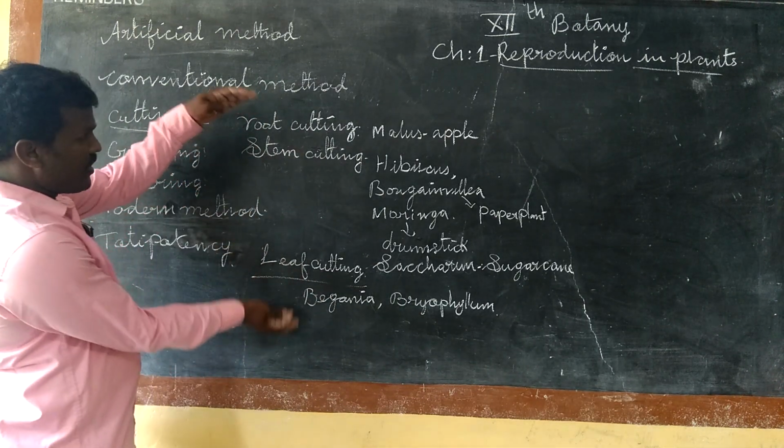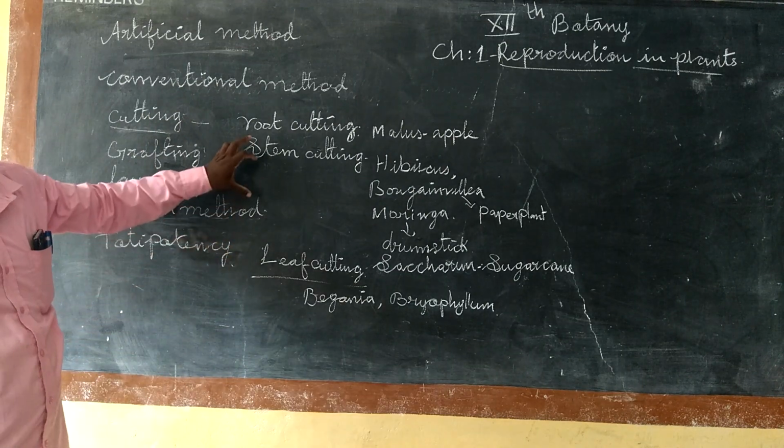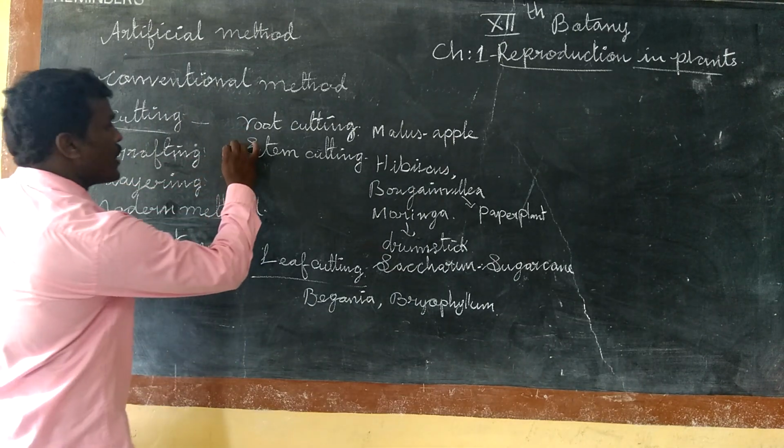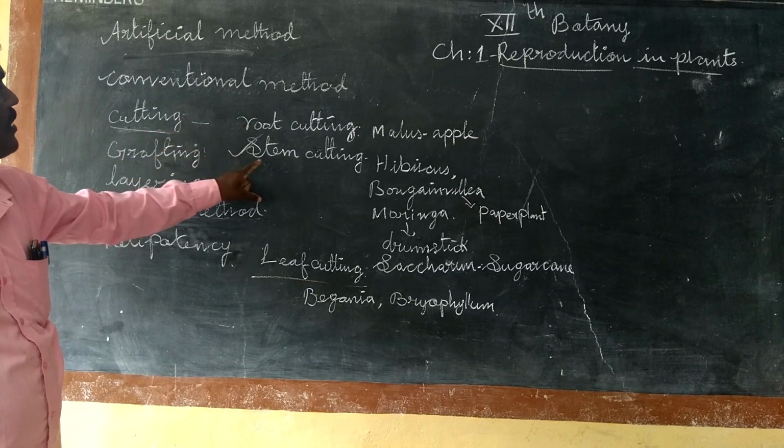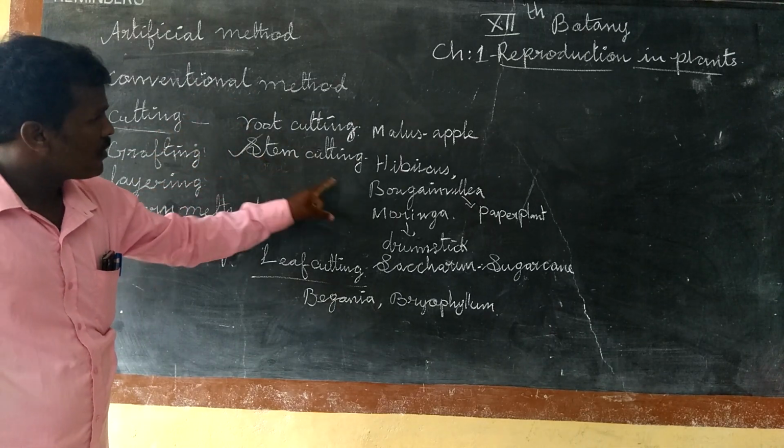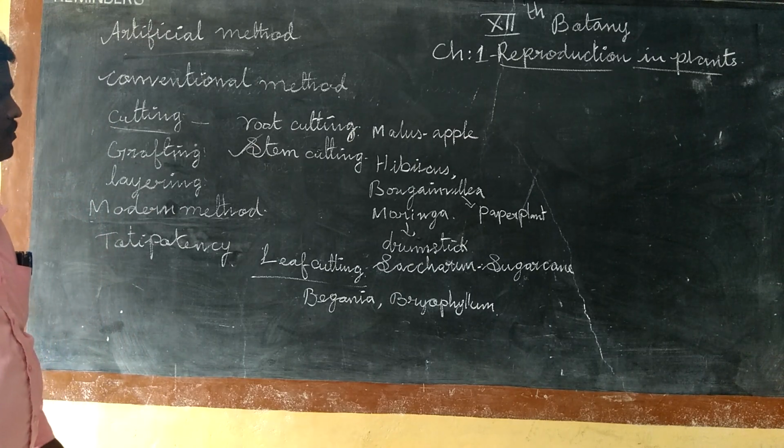Among these three methods, the most widely used method is stem cutting. So in the conventional method of propagating plants, stem cutting is the most widely used technique.